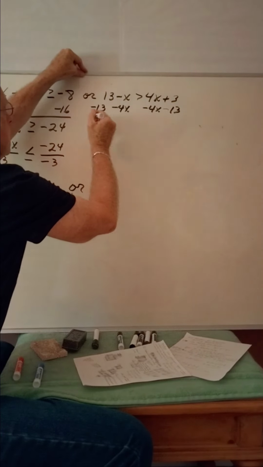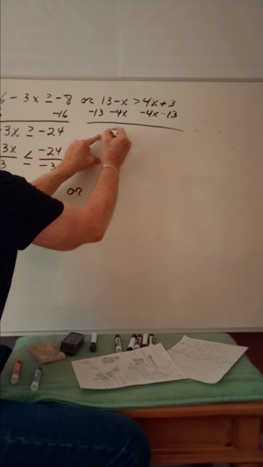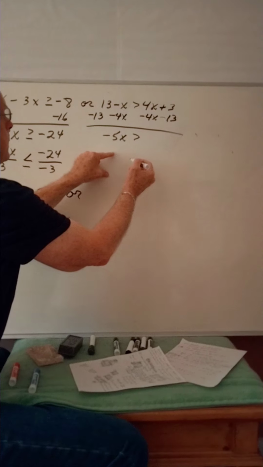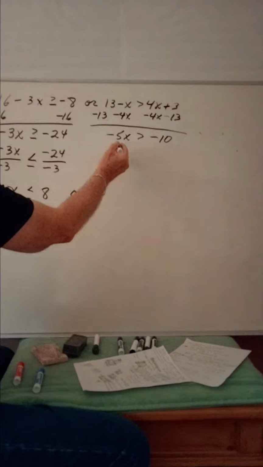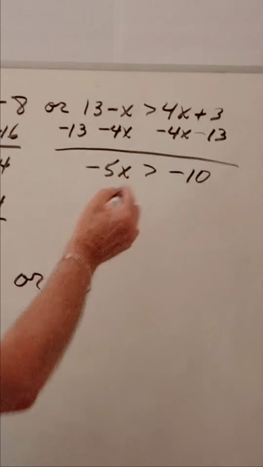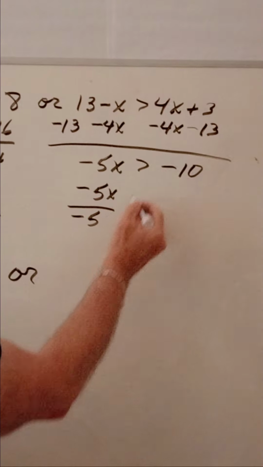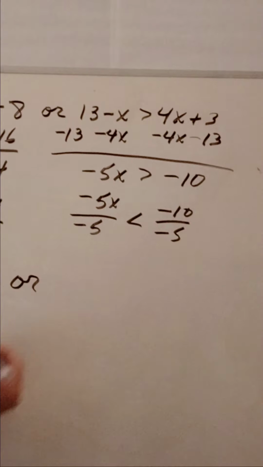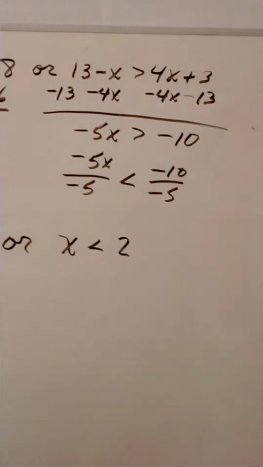Negative 13, negative 13. Negative 1x coupled with a negative 4x, a negative 5x, is greater than negative 10. We're going to have to divide by a negative. Reverse. Negative 5x divided by negative 5, reverse, is less than negative 10 divided by negative 5. Or x is less than 2.